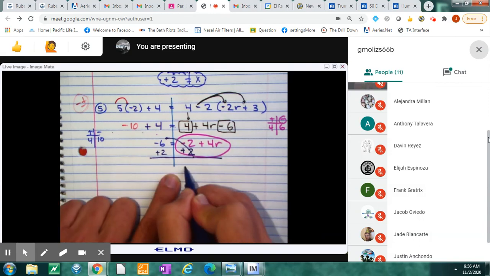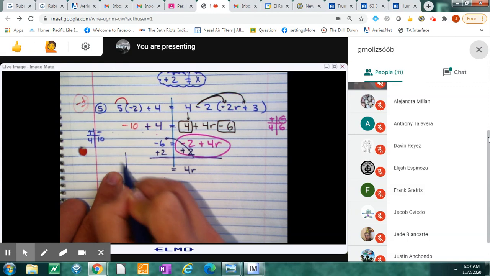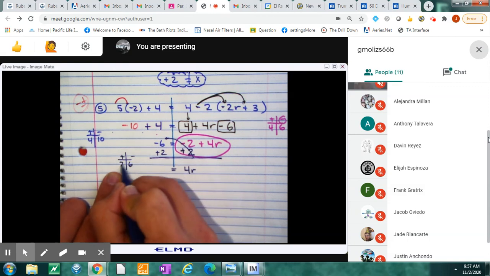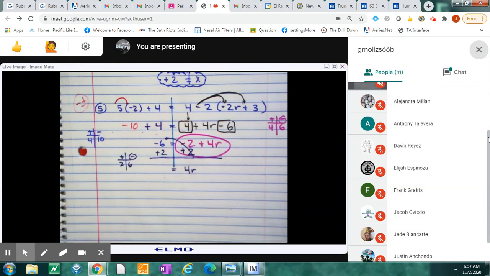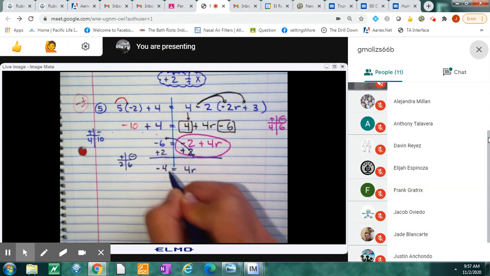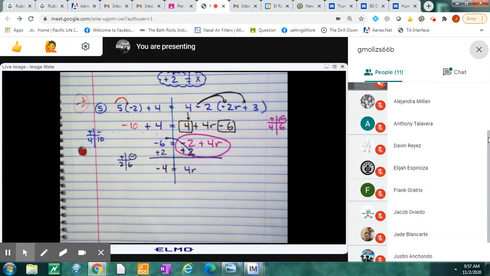So then what do we get? We get 4r equals, and then again, a T-chart. No multiplication, T-chart. -6 plus 2 is negative what? Myrna? Negative what? -4. Very good. And the last thing we do is now the 4 and the r together.